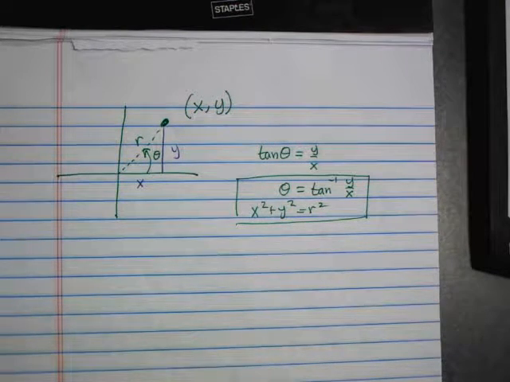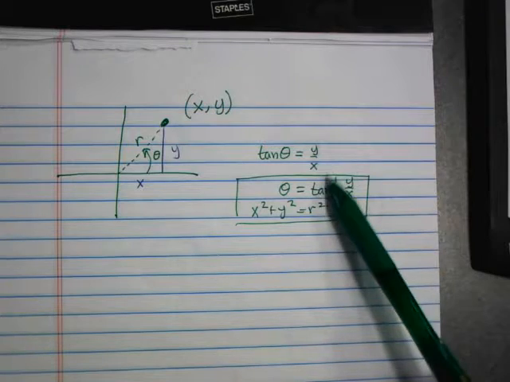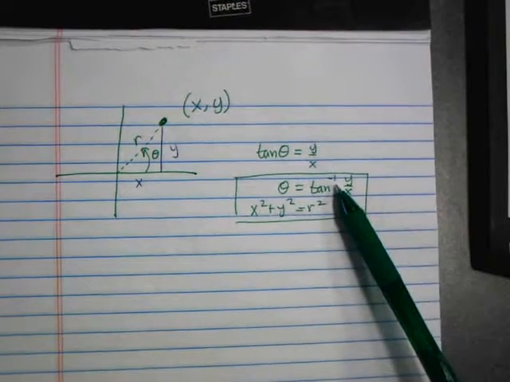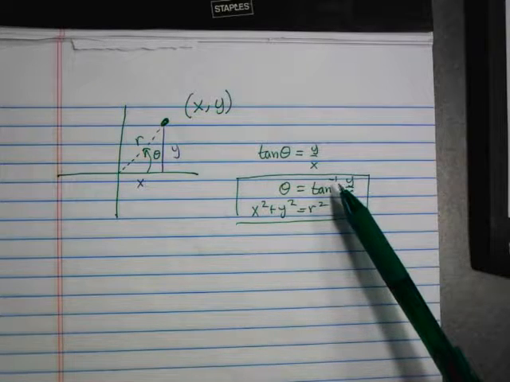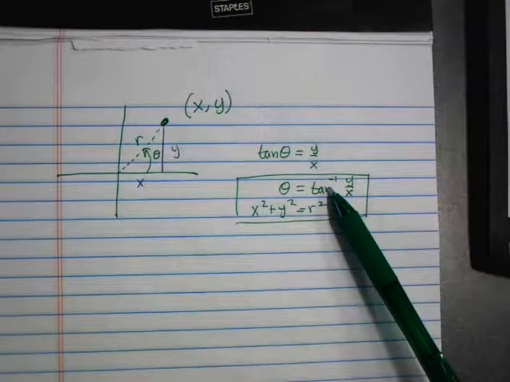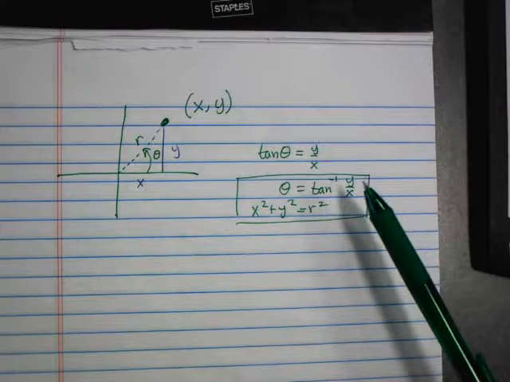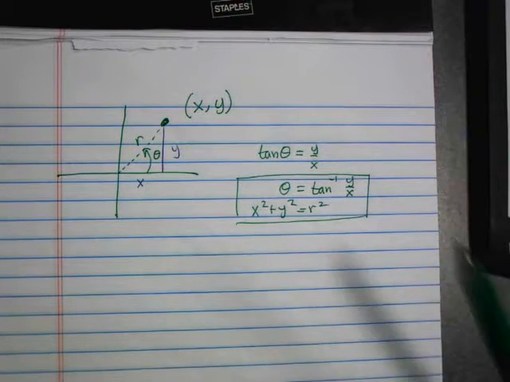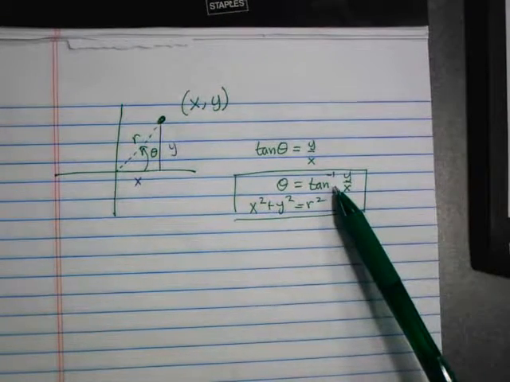Now, you do need to be careful. What you need to be careful about is when I use this tangent inverse button on my calculator, or if I use tangent inverse in my head, no matter where I do it. Sometimes it'll give us a decimal on a calculator. Sometimes we might recognize it as a special angle and know that it's pi over 4 or something like that. But my point was going to be, when I do tangent inverse, where do I get answers?